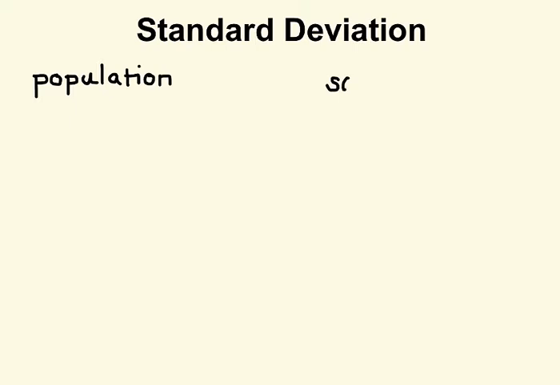Usually we look at the sample of a population. Populations do tend to be large. So when we look at a population and we want to find the standard deviation, we use sigma. And for a sample standard deviation, we use S.